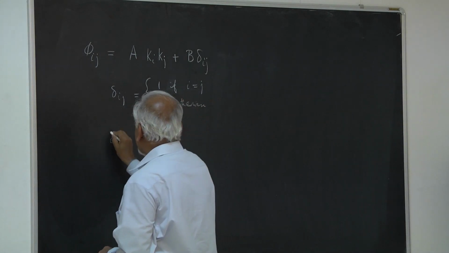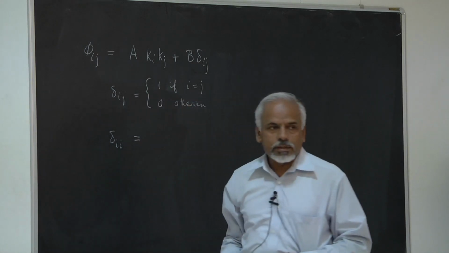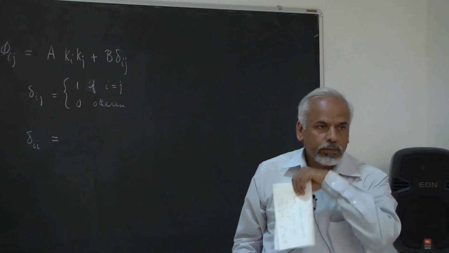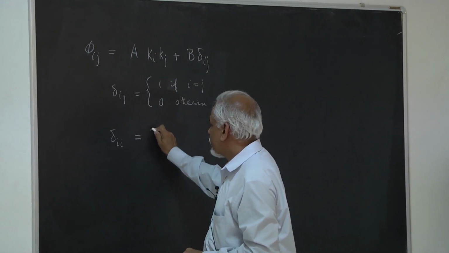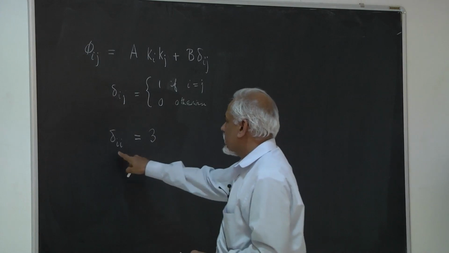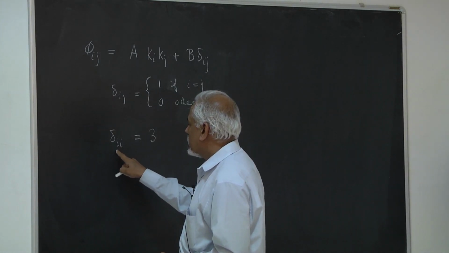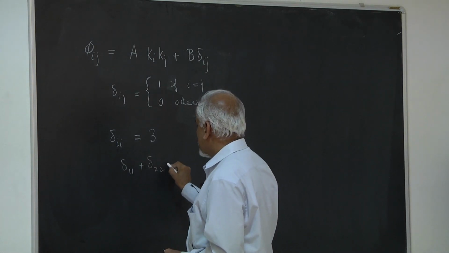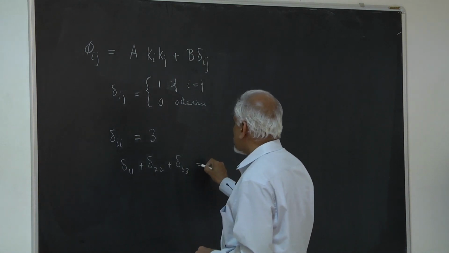So what is delta ii, just for simplicity? It's 3, right? Because my index is repeating, I have to sum, and each of them is 1, so this is equal to 3.